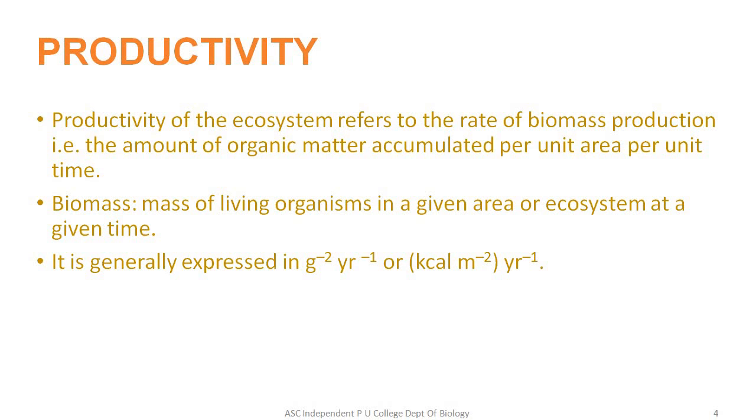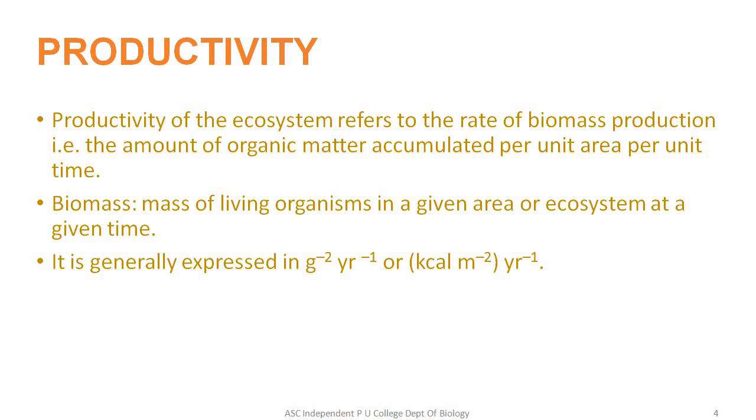I've used a new term here, biomass. Bio stands for life. Mass stands for amount, or I can say weight. Right? So the mass of living organisms in a given area or ecosystem at a given time is called the biomass. We're considering the mass of living organisms. So productivity is generally expressed in different units.